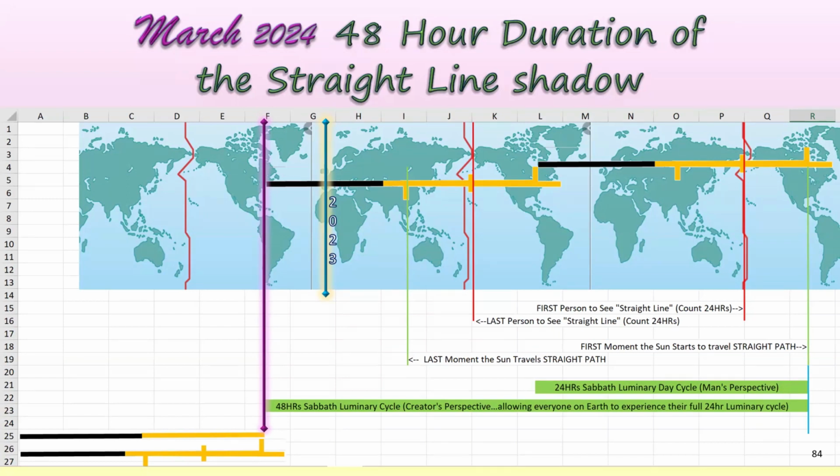But I just want to say that if indeed the straight line shadow is seen here in the New Zealand, Australia area on March the 19th, and this is the international date line, that means that everyone past this, going west, is on March the 19th, until we all have our 24-hour day across the whole world, from the beginning of the dawn to the ending of the sunset.